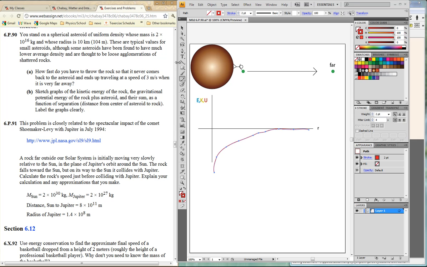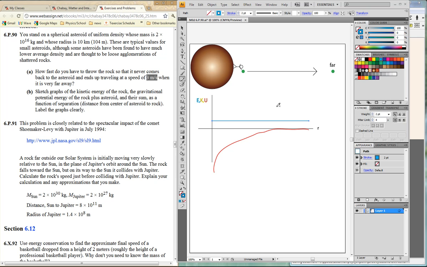Total energy. Well, total energy in the final state is still positive because it has this leftover energy associated with the final speed. So it should be some positive number. And whatever the total energy is in the final state, it's always going to be the same because energy is conserved.